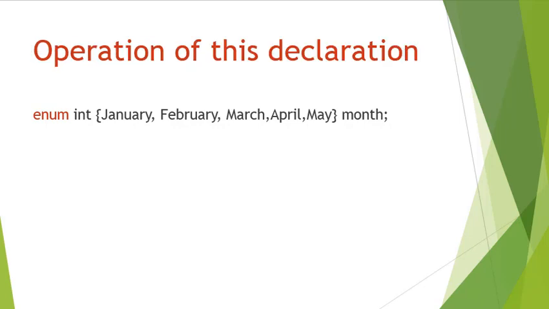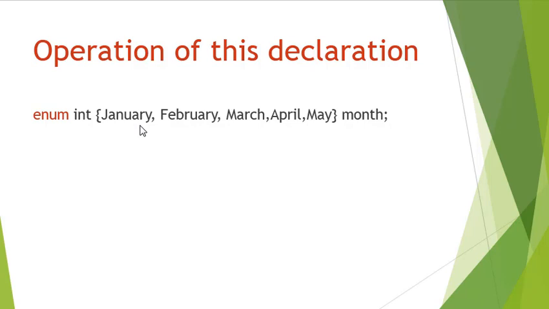After declaration, now we are going to see how this declaration works. Enum is the keyword. By default we mention the integer data type, so these variables work as integer data type. Here January will be assigned 0 by default because we have not declared any values.